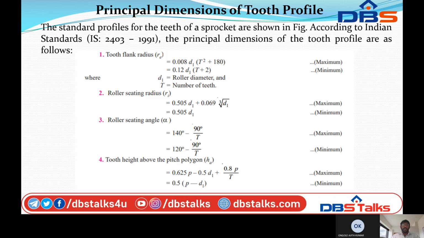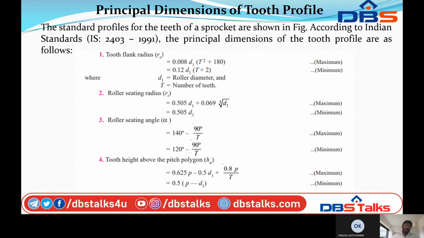For minimum, 0.505 D1. The third one, roller seating angle alpha, is equal to 140 degrees minus 90 degrees by T for maximum. For minimum, roller seating angle alpha is equal to 120 degrees minus 90 degrees by T.